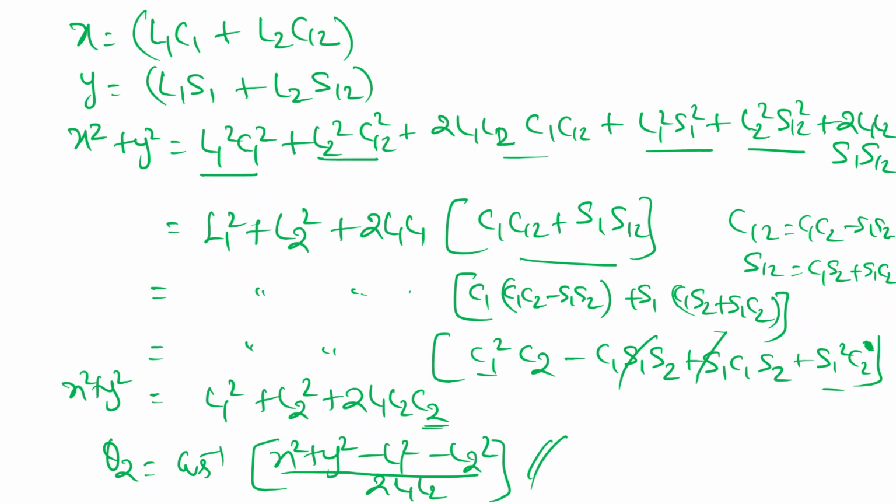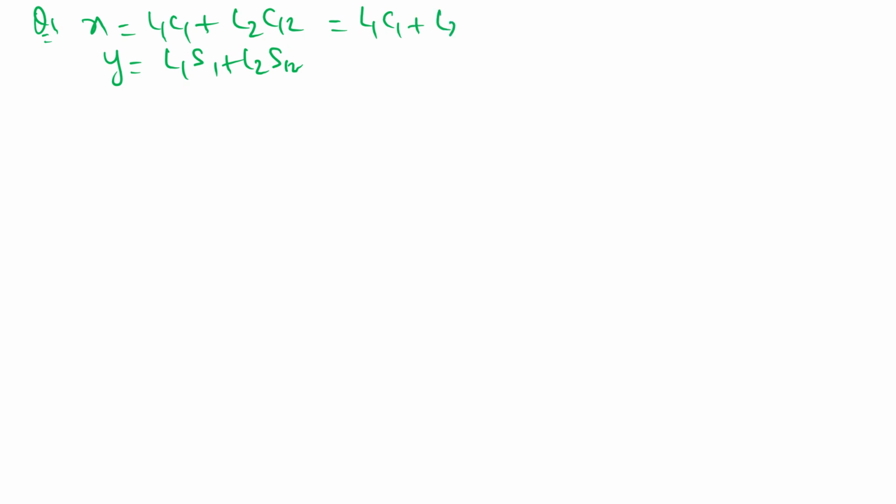So now we are going to find theta 1. Let's take the formulas: x equals L1 C1 plus L2 C12, and y equals L1 S1 plus L2 S12. Here we are going to do a simple simplification. Let me expand: L1 C1 plus L2 times C12, which we already know is C1 C2 minus S1 S2.